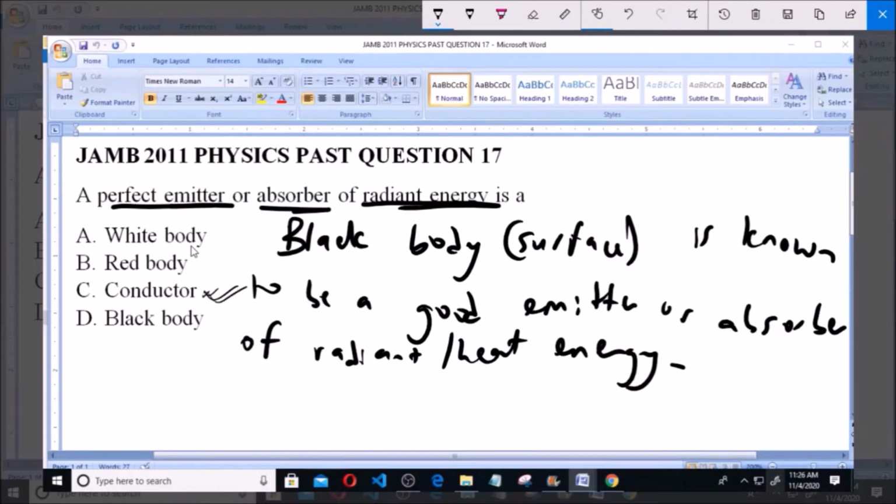A conductor is basically just a material that is good at absorbing any form of energy, either electrical energy or heat energy. But perfect absorption and perfect emission of radiant energy is usually associated with a black body or a black surface. So option D says black body, which is the correct answer to this question.